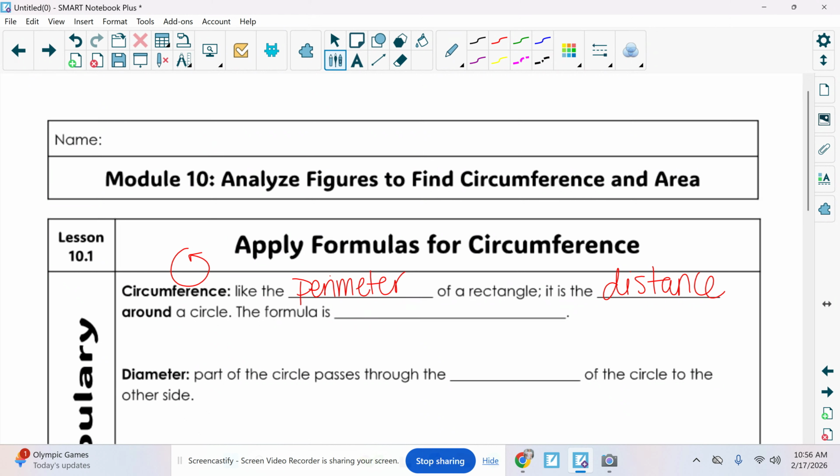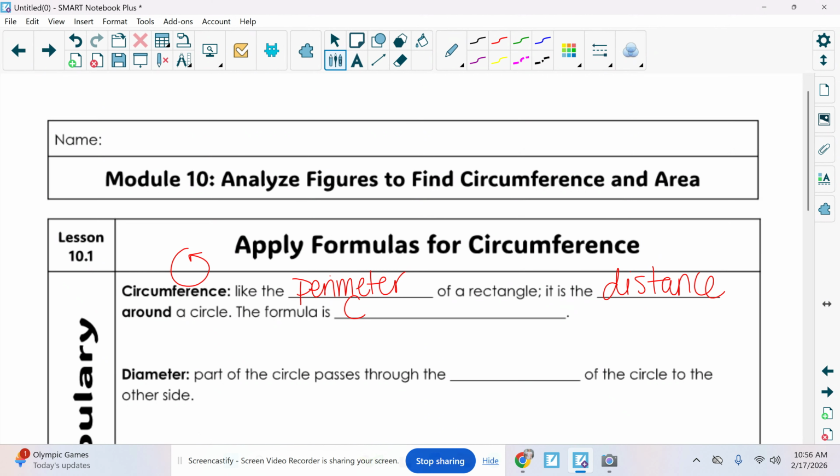Okay? The formula, you don't have to have this memorized, thankfully, because it's on your yellow formula sheet where it says circumference of a circle. Look at it, see it, find it. There's two formulas. Guess what the C stands for?